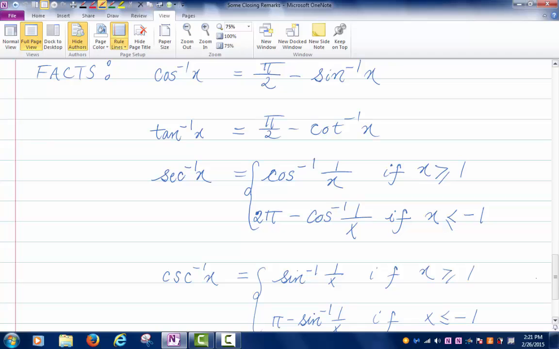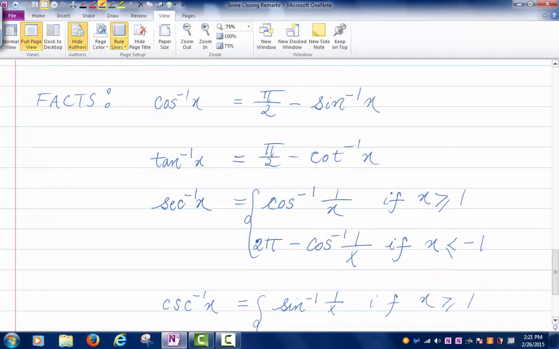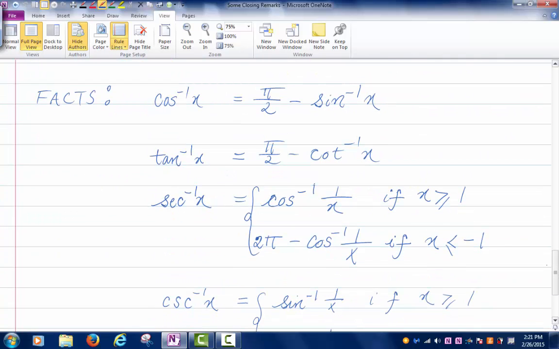In what sense? Well, the derivative of secant was 1 over x times this, right? If you make a different choice for the domain of secant, that is, take the domain from pi over 2 to pi, you have to put absolute value sign around x.